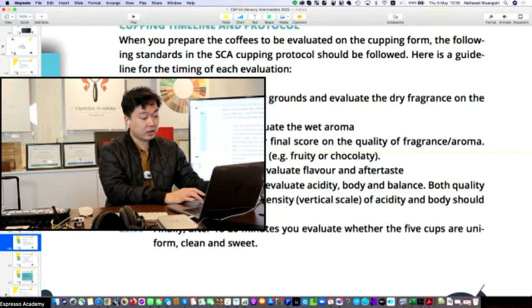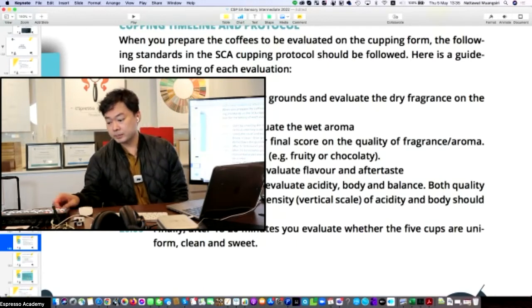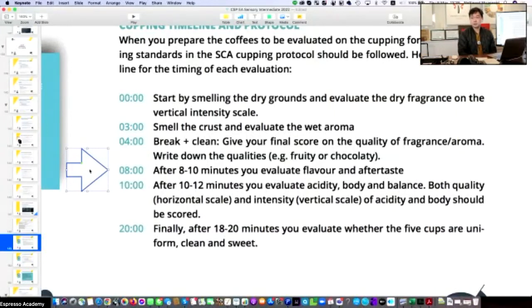And then afterward, we wait until 8 or 10 minutes. Why did I say 8 or 10 minutes? Because the water is hot, but it's also about your cupping room. Sometimes your cupping room is cold, so 8 minutes is enough. Sometimes you're cupping outdoors, so you need to wait at least 10 minutes for it to cool down, right?